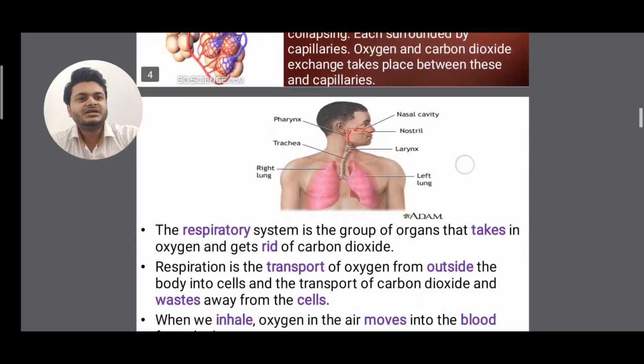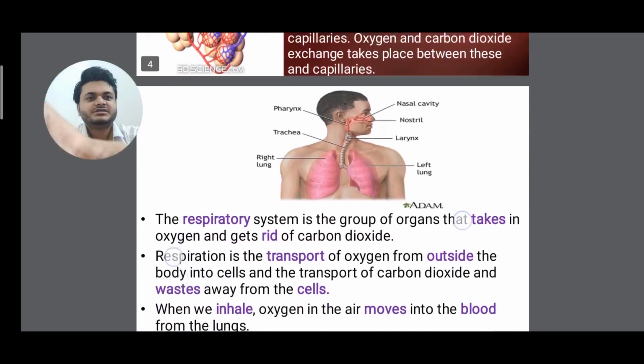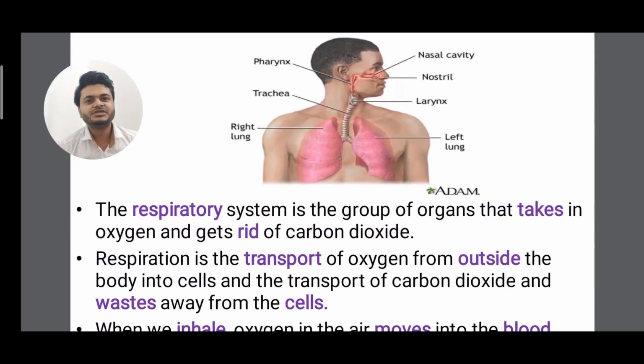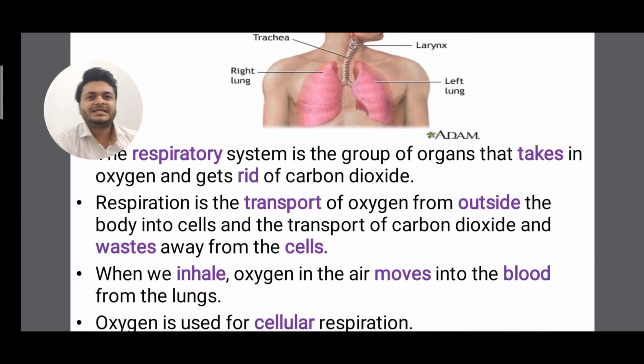So see, in the entire human respiratory system, first we take in air, isn't it, from nostrils, then it passes through nasal cavity, then trachea, and it's divided into bronchi, then bronchioles, then at last finally alveoli. Clear? So the respiratory system is a group of organs that takes in oxygen and gets rid of carbon dioxide. Understood?